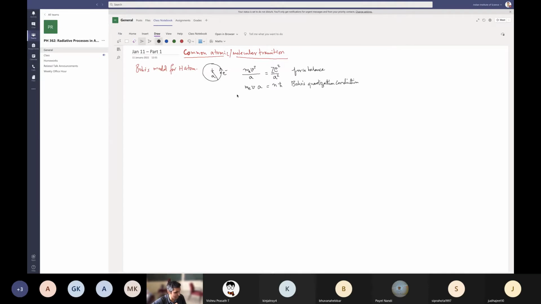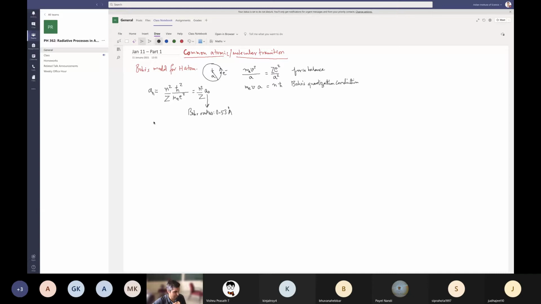If we combine these two, we get the well-known formulae, such as a_n equal to n squared h cross squared by m e e squared by Z, or n squared by Z times a naught, where a naught is the Bohr radius, 0.53 angstrom. Everyone knows this.